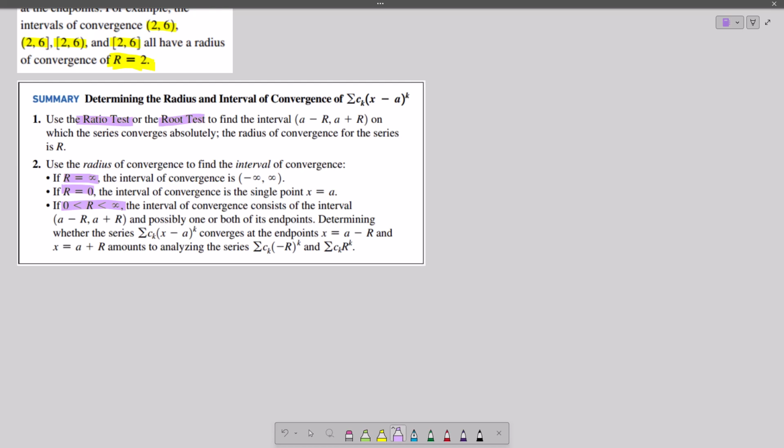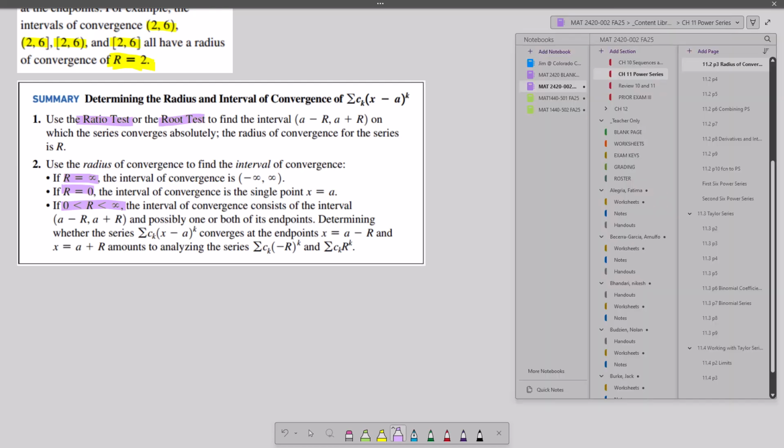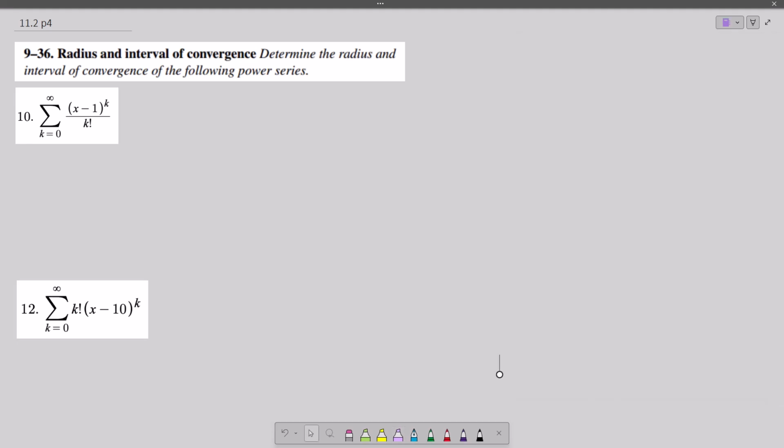All right, so our 3 cases. Let's do our first analysis of a random power series. What's the center of that power series? 1. So it converges at 1 for sure. Center of that power series? 10. So it converges for sure at 10, because all the terms are 0, except possibly when you plug in 0.